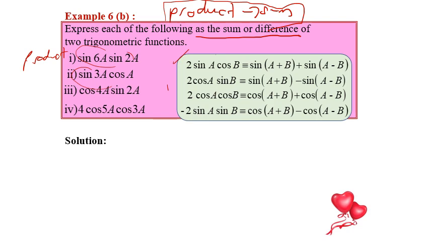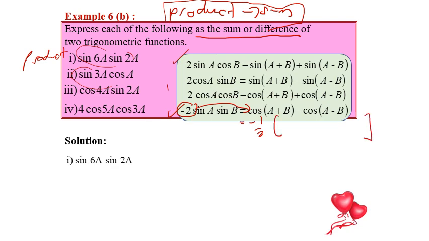So look at the first one. So the question is sin 6A sin 2A. So as you can see, if we have both sin, so we'll use this one, number 4. And notice here we have negative 2. So this negative 2 we have to bring to the right hand side. So we got negative 1 over 2 times the whole thing here.